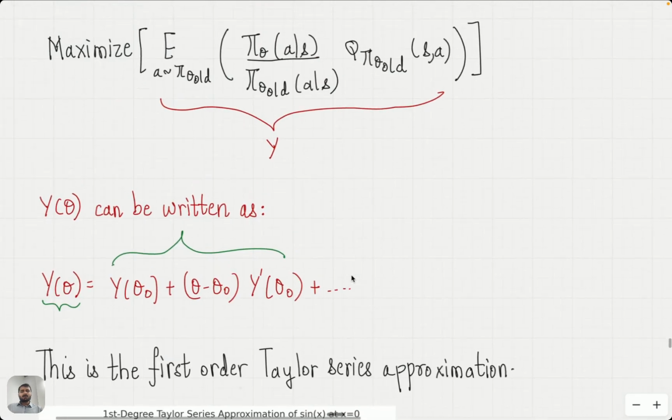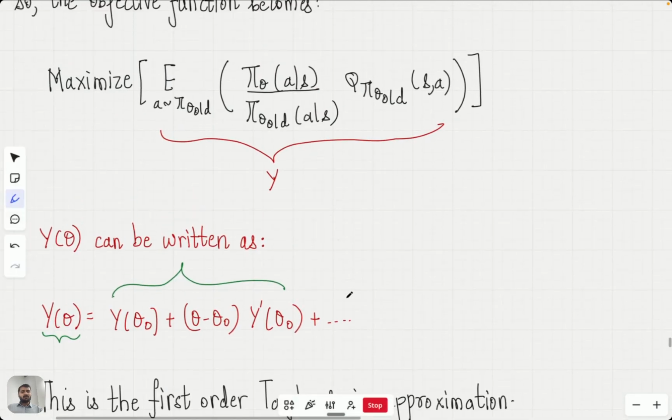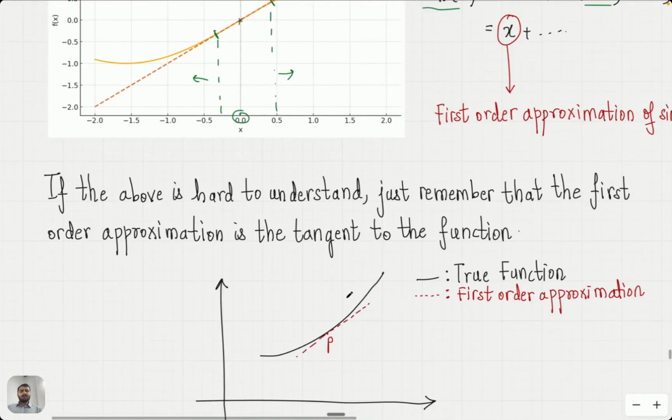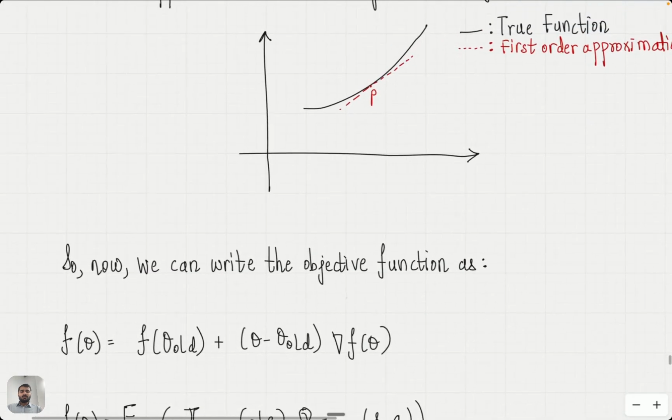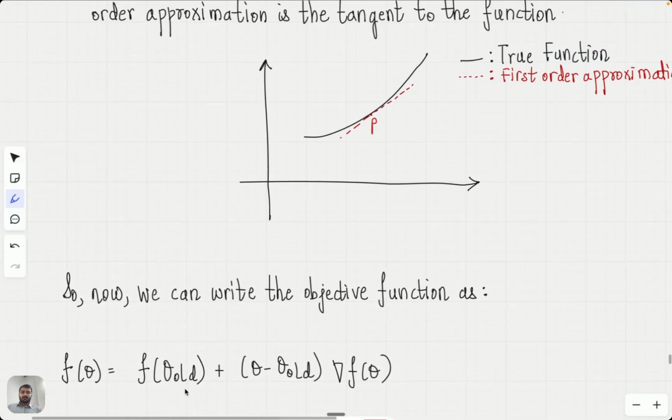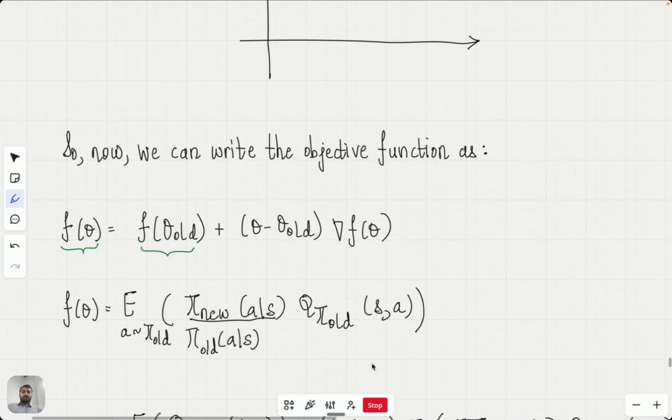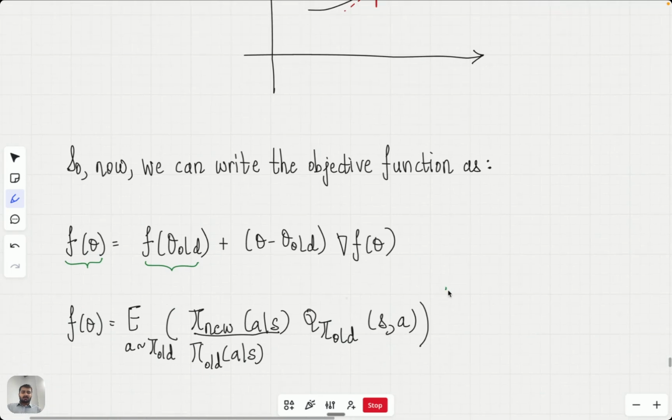Now we are going to do something very similar here, because we know that pi theta does not deviate much from pi theta old. So we write our function as f of theta equals f of theta old plus theta minus theta old into grad of f theta, where f theta is this expression which is our objective function.